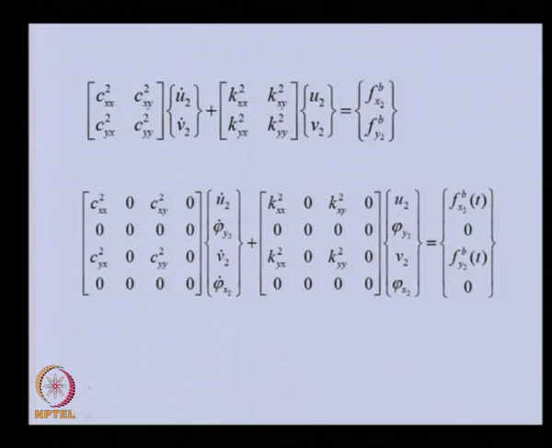On the same line for bearing 2 we can write, only thing with the bearing property, the superscript is representing bearing 2, it is not the square, and if we expand this we will get similar to the previous one, only thing is here subscript 2 is coming and here field variables are corresponding to node 2 because these are attached to the node 2. These are the fluid film forces.